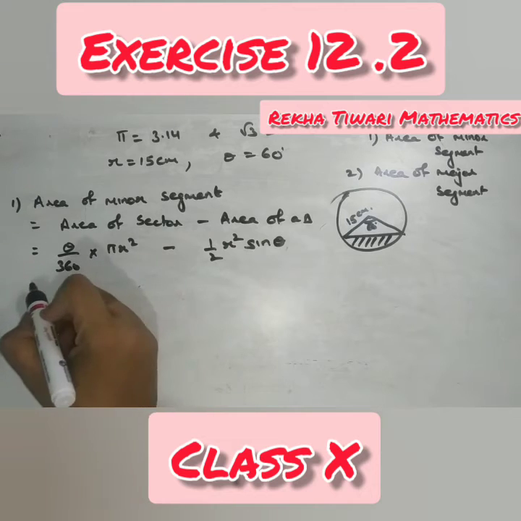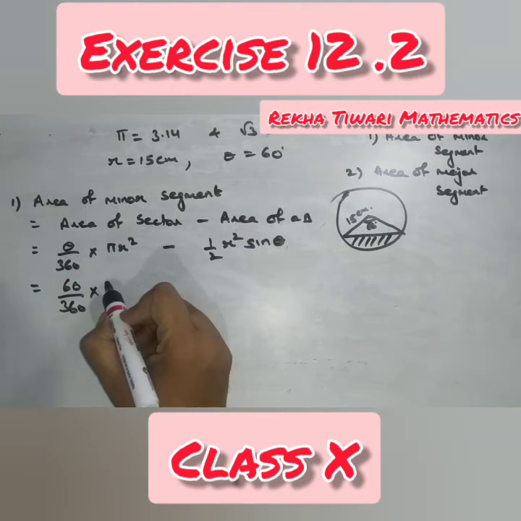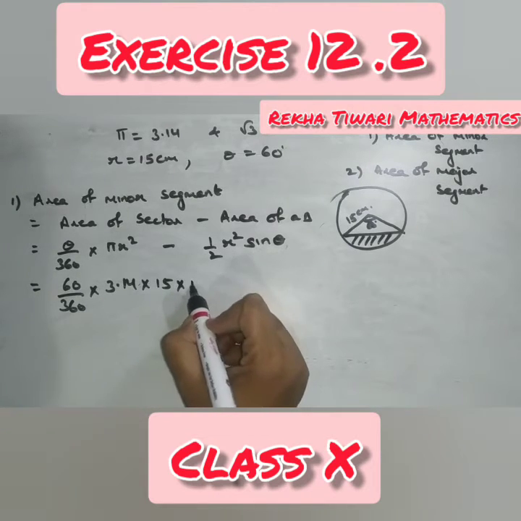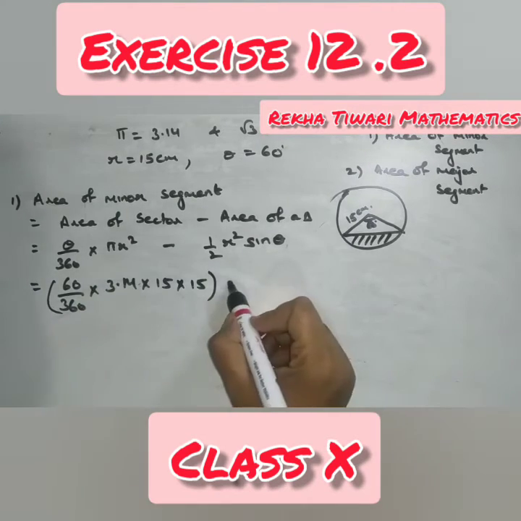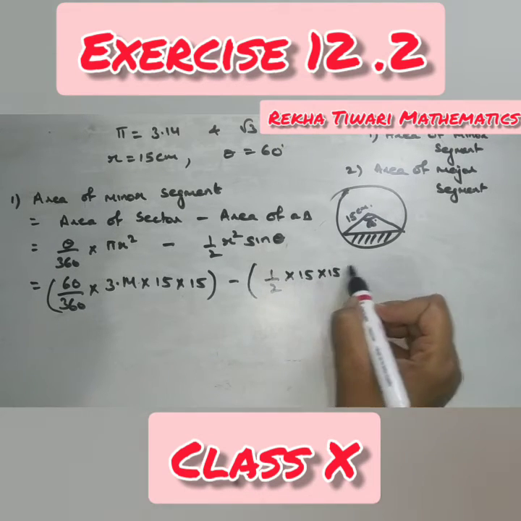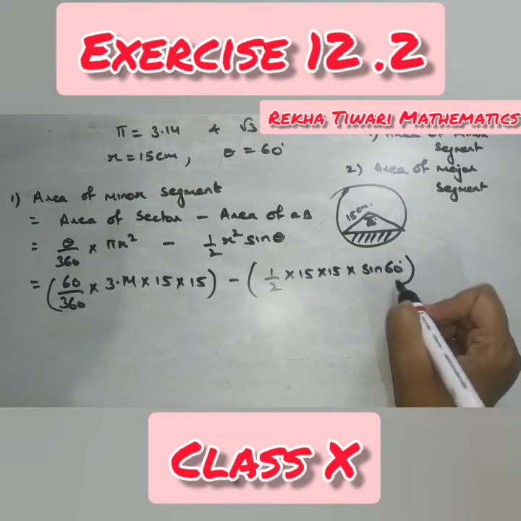Put down the values. This is 60 upon 360 into pi is 3.14 given to you, radius is 15 into 15, minus half into 15 into 15 into sine 60 degree, because theta is 60.